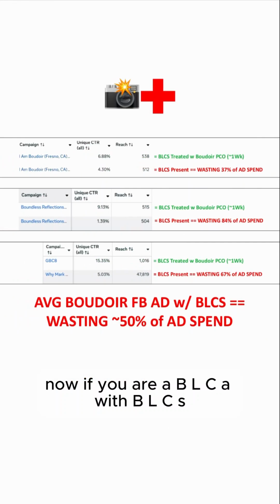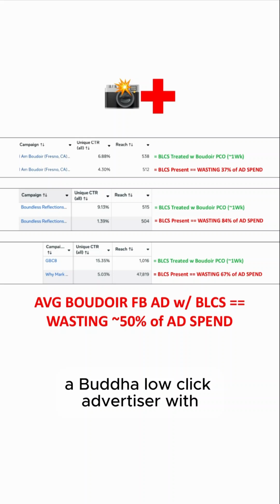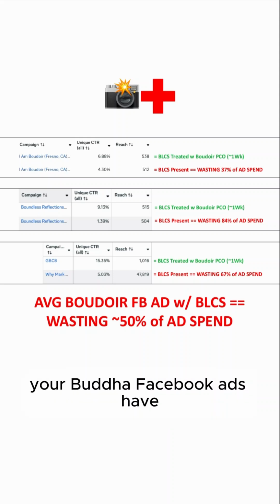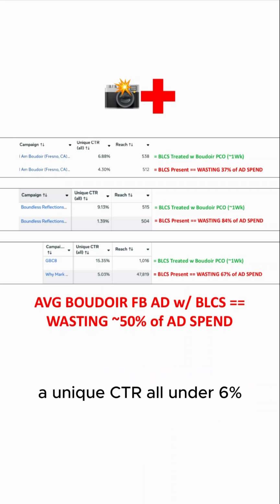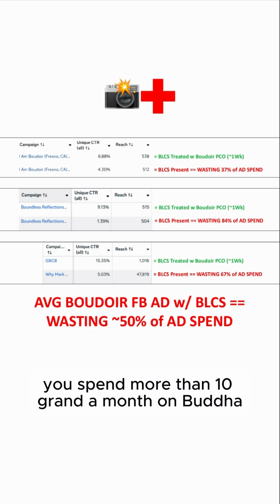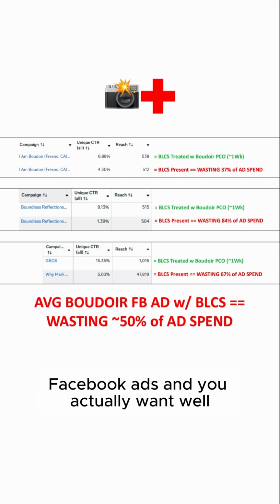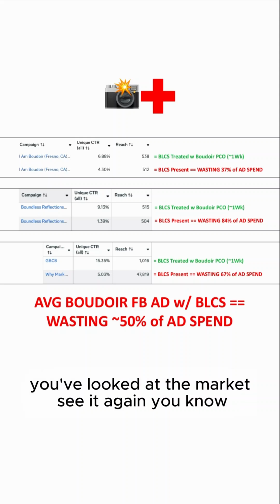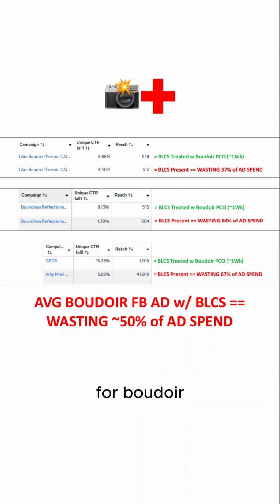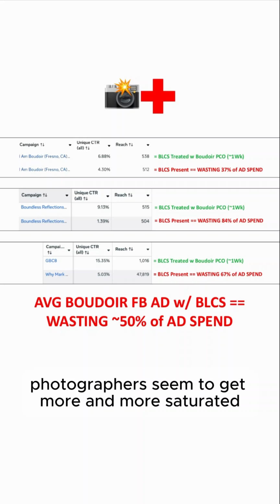Now, if you are a BLCA with BLCS, a Boudoir low click advertiser with Boudoir low click syndrome, your Boudoir Facebook ads have a unique CTR under 6%, and you spend more than 10 grand a month on Boudoir Facebook ads, and you've looked at the market and seen it getting more and more saturated.